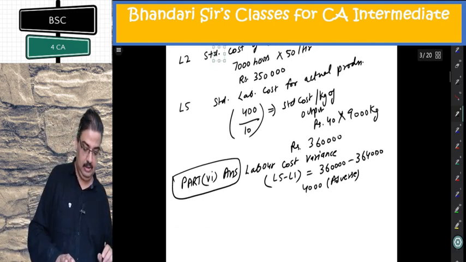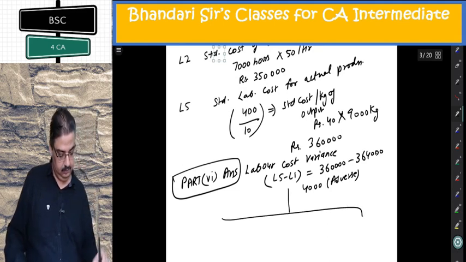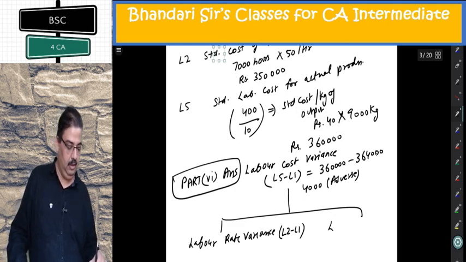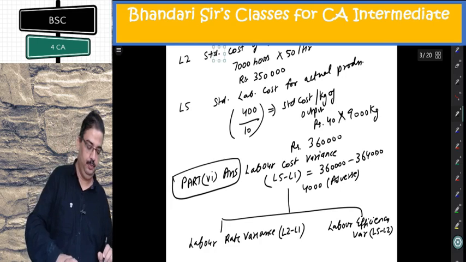Now under this, labor rate variance L2 minus L1 and labor efficiency variance L5 minus L2.